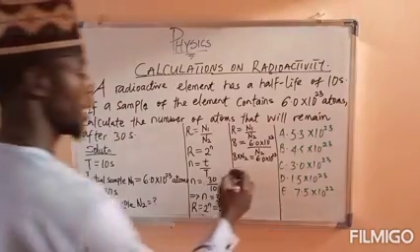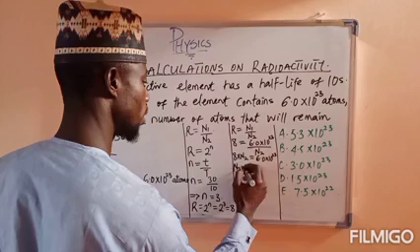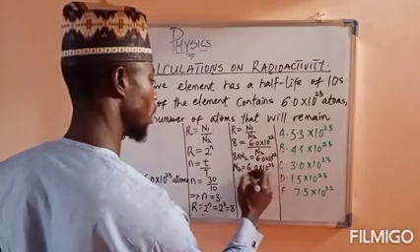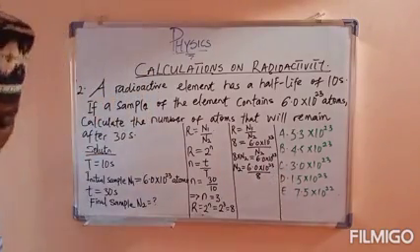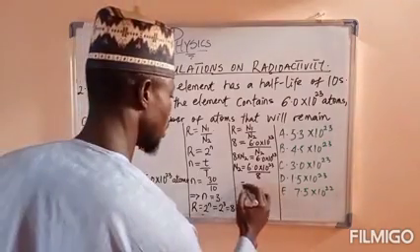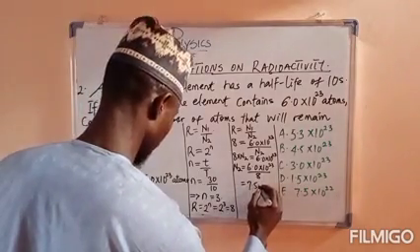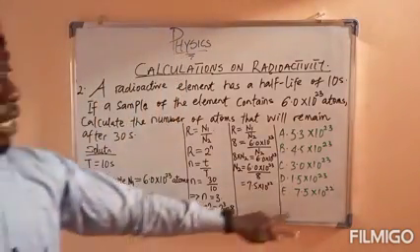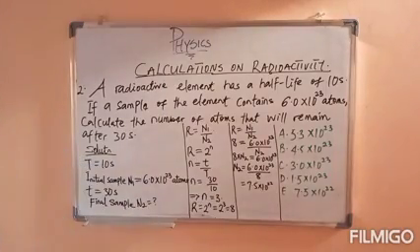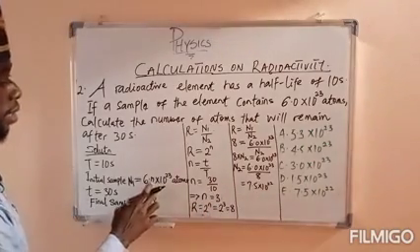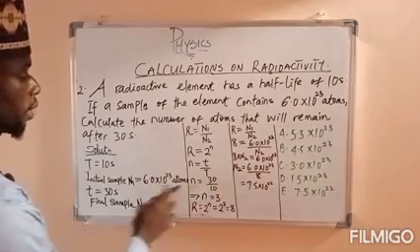So divide both sides by 8. I have N2 is equal to 6.0 times 10 raised to power 23 all over 8. Doing that will give us 7.5 times 10 raised to power 22, which is Option E.